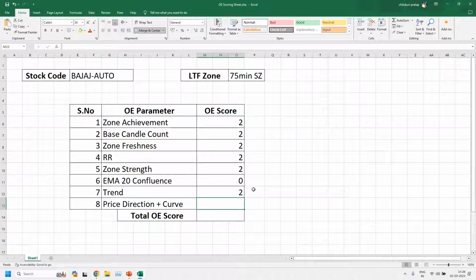In the last video, you commented that you did not understand this concept, price direction plus curve. You won't understand it without completing the earlier concepts. That's why I clearly told you this topic has dependency on the earlier lessons. How can you understand if you skip the earlier lessons and directly get into this?